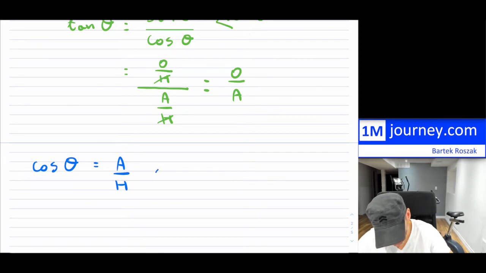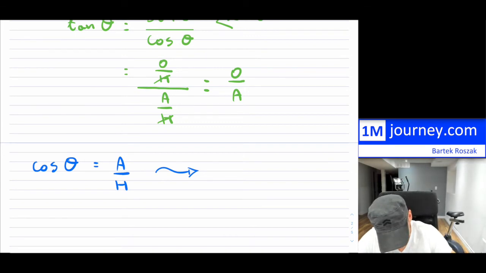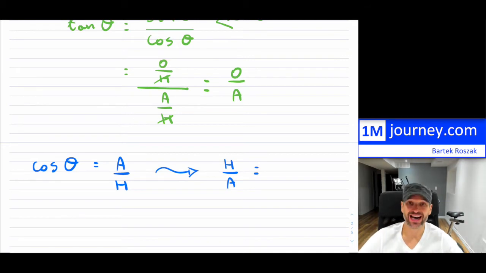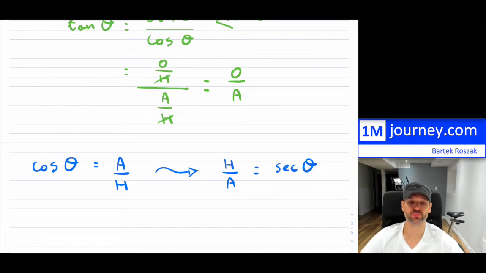Now, if you take the reciprocal of this ratio, because it is just simply a fraction, you're going to get hypotenuse over adjacent. And it turns out that that ratio we call the secant of the angle.